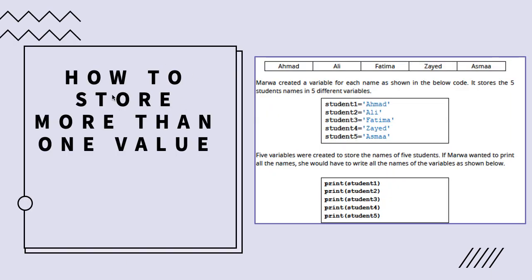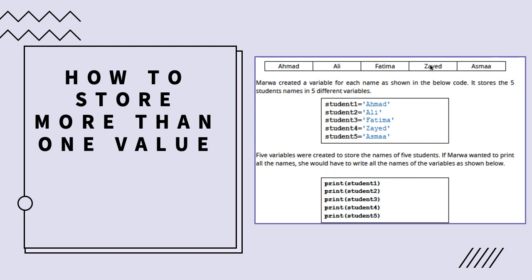For example, from the grade 9 Python, we all know what is a variable, how to store information in a variable. So for example, if you want to store the name of a student in the grade 10 class, if you have 25 students in the class, then you have to create 25 variables: student 1, student 2, student 3, student 4, student 5, till 25.